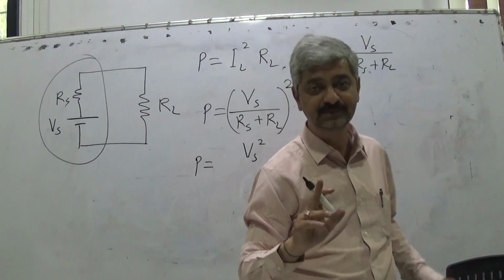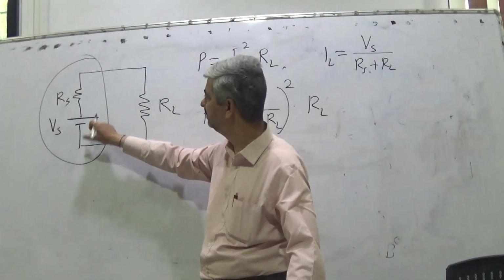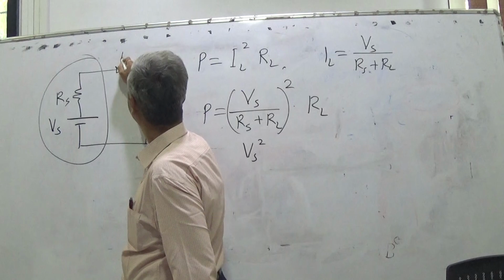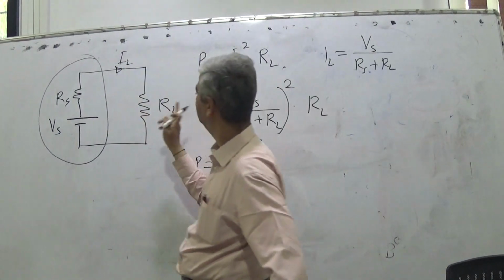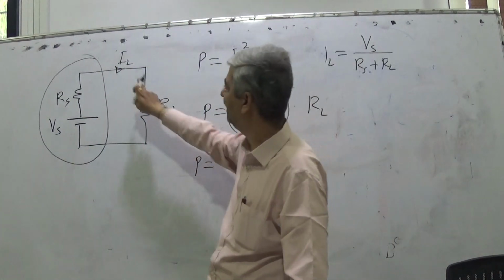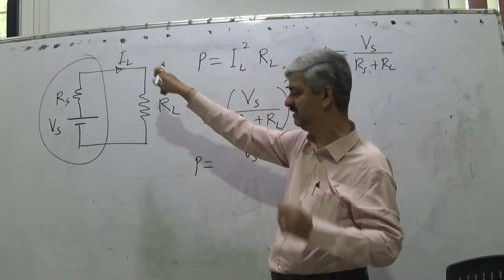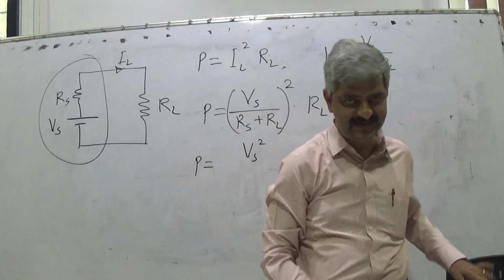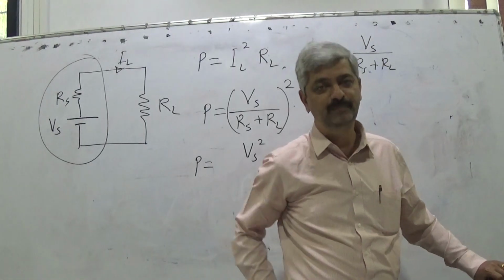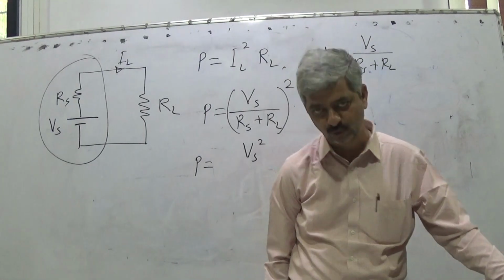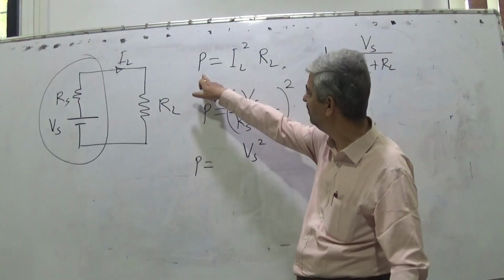Are you getting me? For this circuit, when I vary RL, IL will vary. In this given circuit only RL is the variable, and P is the power dissipated in that load, and the formula for P is very simple.